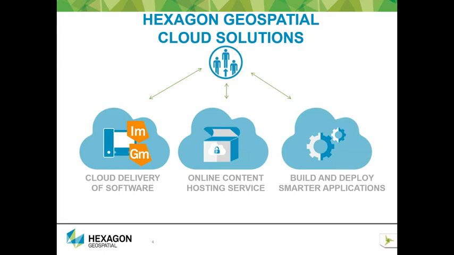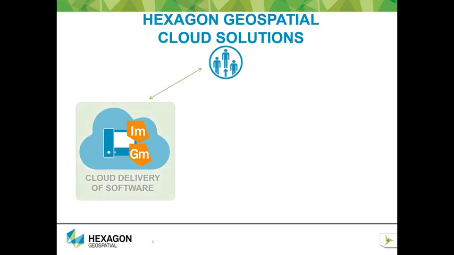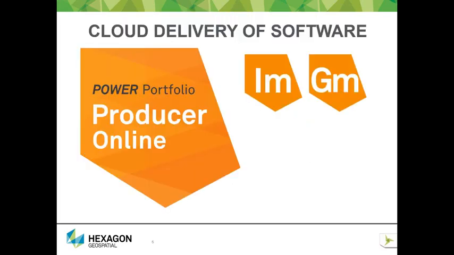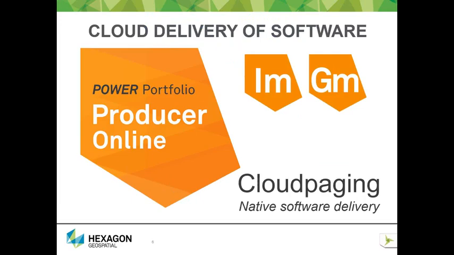Just a small comment on the other two pillars. First, the cloud delivery of software, which we will not cover in detail today. Basically, it's based on a unique technology, cloud paging by Numecent. It allows the software to be cloudified.